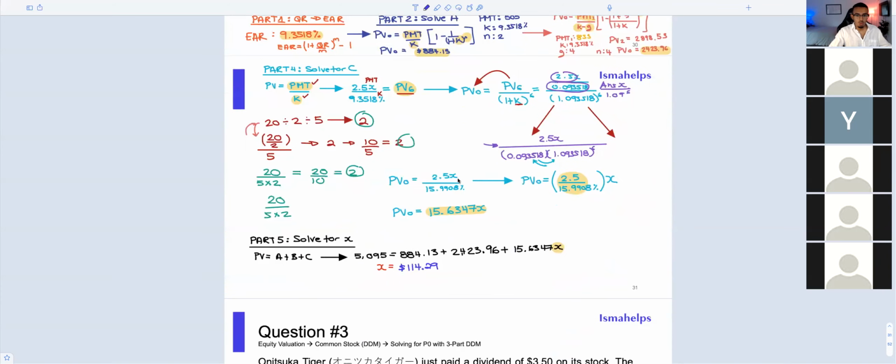What's up? What's your question? No worries. I got you. So what you're gonna do, you begin with, I'll highlight these in green, you have this amount here, 5,095. You're gonna do this minus 884. Okay.